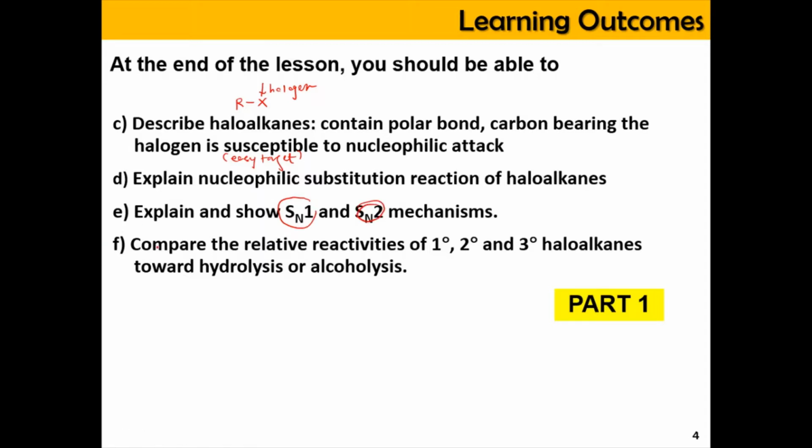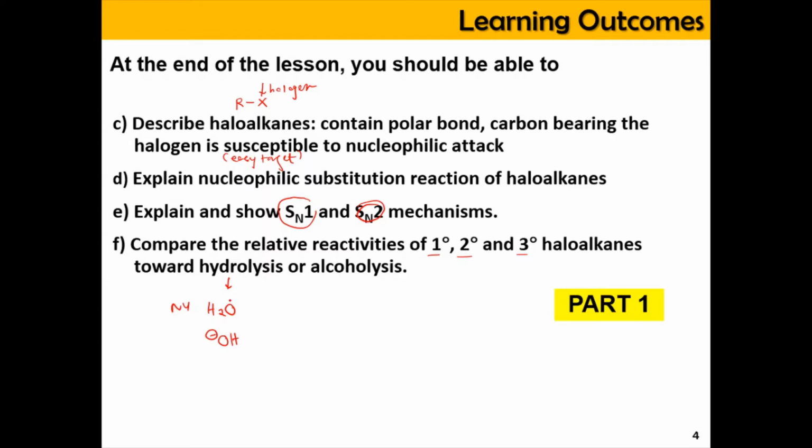On the last part, we're going to compare the relative reactivities of the primary, secondary, and tertiary haloalkane towards hydrolysis and alcoholysis. So hydrolysis happens when the nucleophile is going to be water or a hydroxide ion.